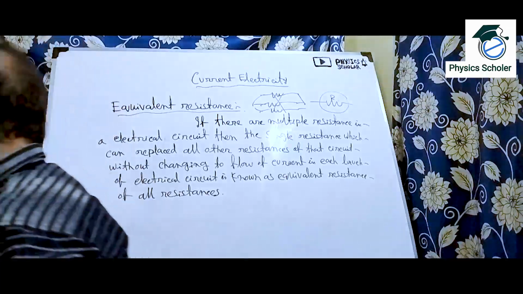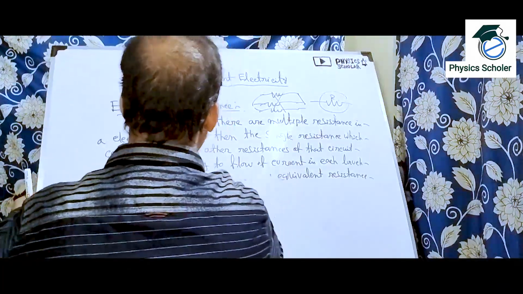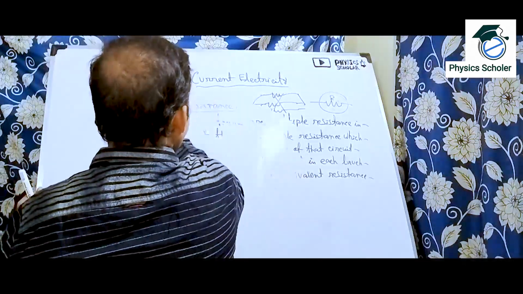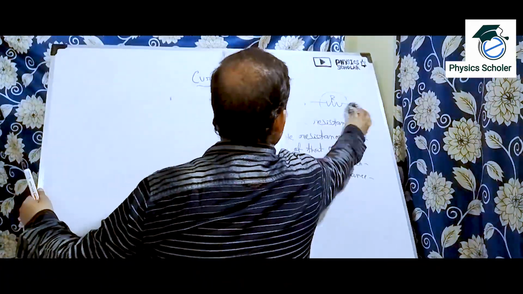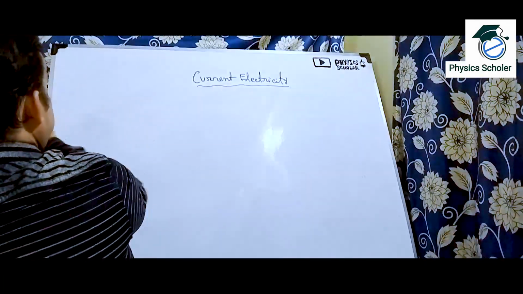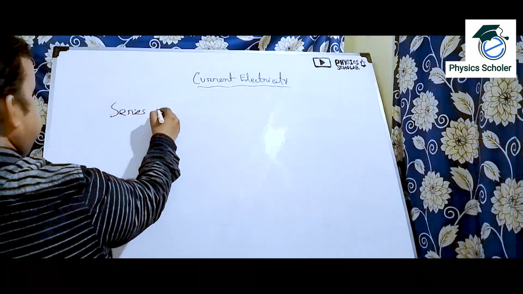Now, what are the combinations of resistors? There are two combinations of resistors. The first one is the series circuit.